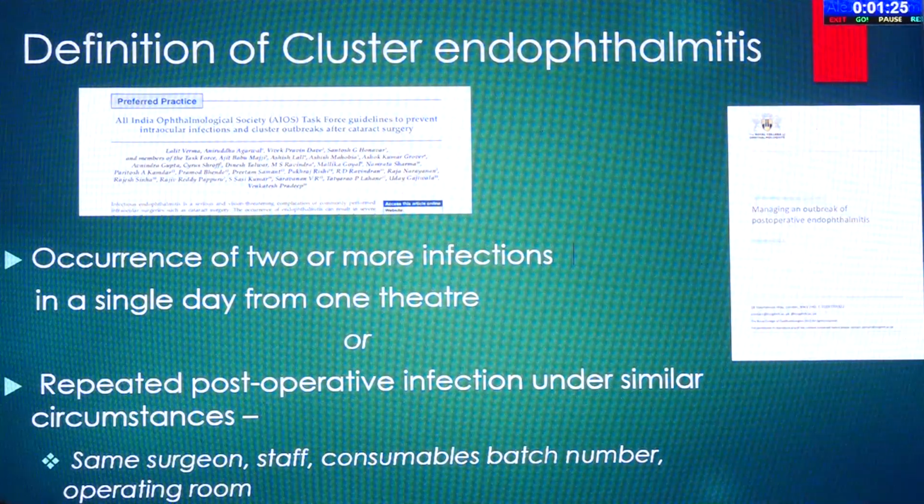Be vigilant to find out if other cases are happening. If you come across repeated post-operative infections by the same surgeon, the same staff, the same operating room, consumable batch numbers are very important to be monitored.